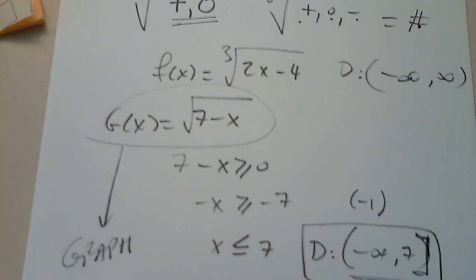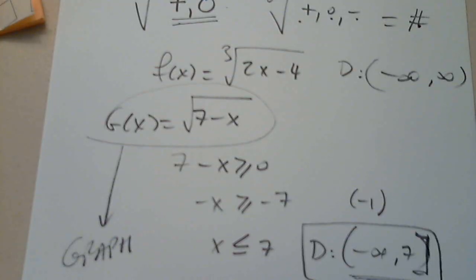So I go to the graphing calculator, I clear everything, and I just put in the square root of 7 minus x. I will use the standard viewing window by clicking on Zoom Standard, Zoom 6.